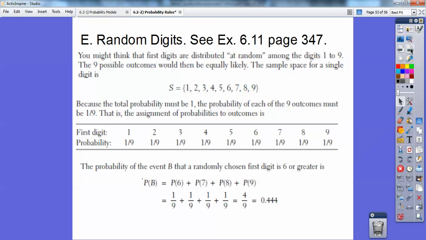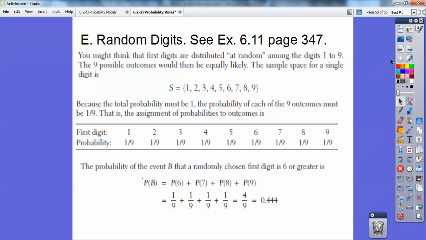Okay, so the probability of event B, that a randomly chosen first digit is 6 or greater. This is not Benford's law anymore. This is just regular digits, you guys. So 6 or greater would be 1/9 plus 1/9 plus 1/9 plus 1/9, which would get me 4/9, which is 0.444.